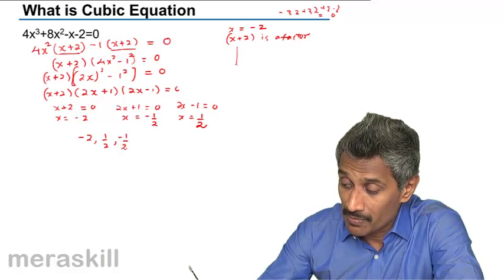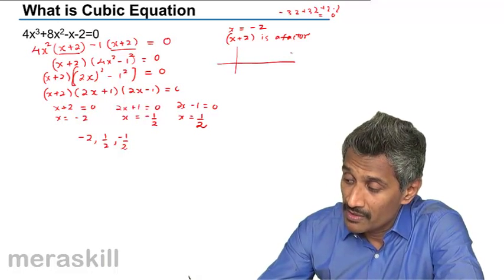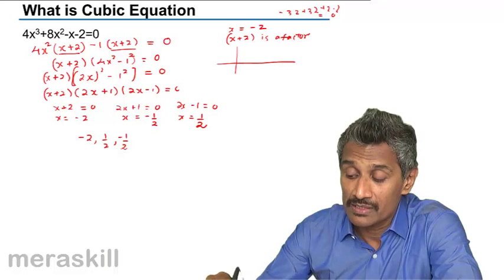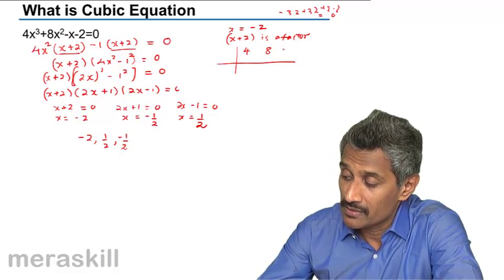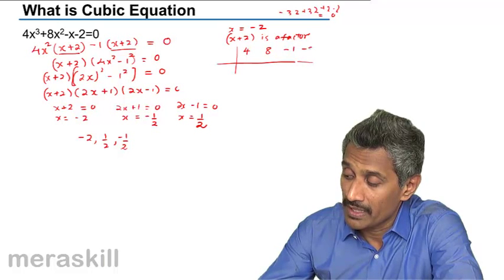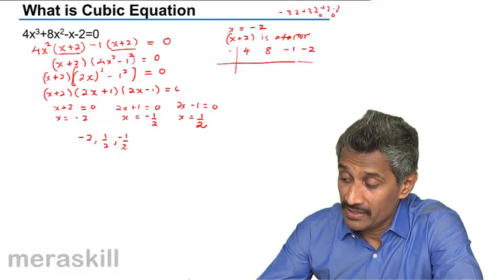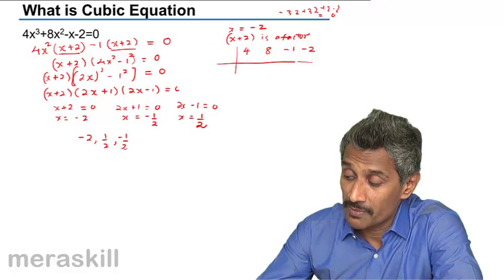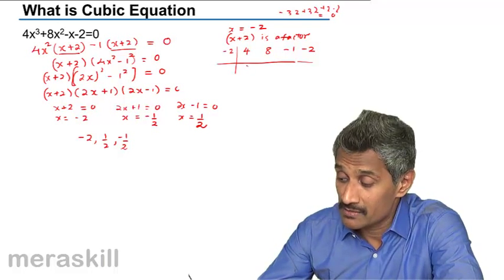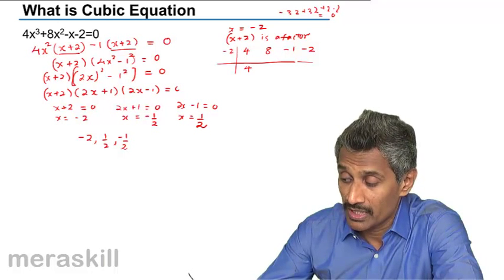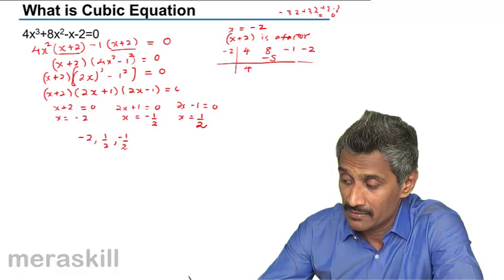In that case, we perform synthetic division. We write all the coefficients in descending order, one after the other: 4, 8, minus 1, minus 2. And here you won't write plus 2, you write the opposite of plus 2, that is minus 2. Copy down the first one as it is, 4, then minus 2 into 4 is minus 8.